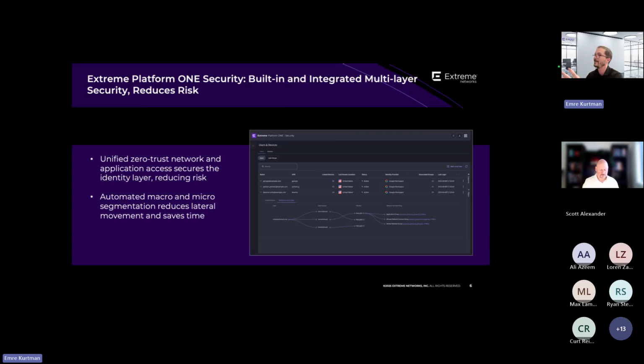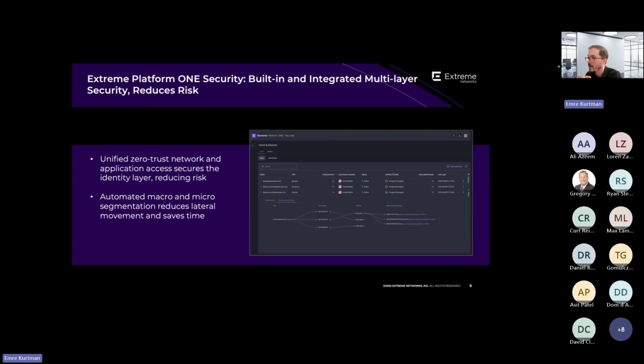You still have the same look and feel, the same user experience, when you switch between Extreme Platform One networking and Extreme Platform One security. And within Extreme Platform One security, you can build unified zero trust network and application access. So you can build your network access policies like a cloud NAC solution, as well as build your application access rules and policies in the same manner.